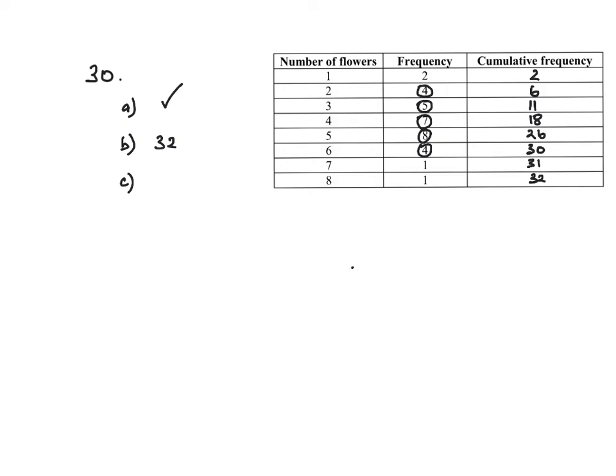So if you can imagine the data organised like so, we've got one block of 16 and a second block of 16, and right in the middle of those two is Q2, the median, halfway between the 16th and 17th pieces of data. Now, the 11th piece of data is a 3. The 16th and 17th pieces of data can be found in this group here. And so the median then, Q2, is 4.